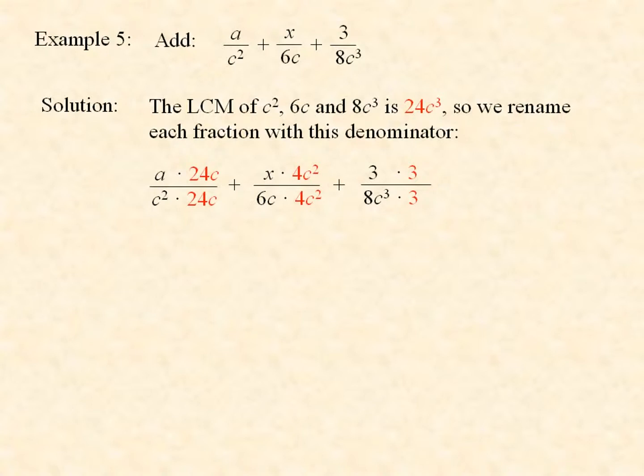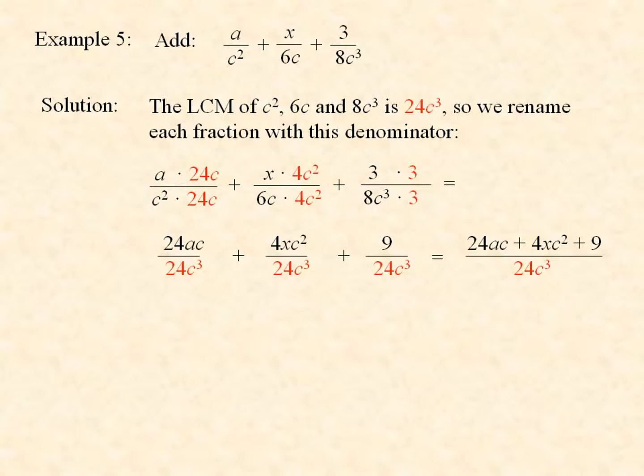Second fraction, we multiply by 4c squared over itself. And the third, we just have to multiply by 3 over 3. And that gives us 24ac over the common denominator, plus 4xc squared over 24c cubed, plus 9 over 24c cubed. And when we add the numerators, we get 24ac plus 4xc squared plus 9 over the common denominator, 24c cubed.